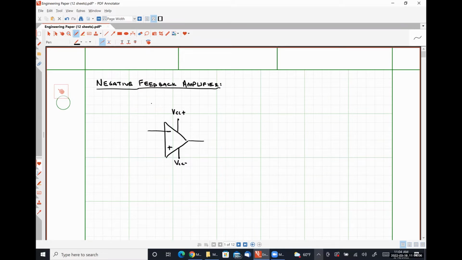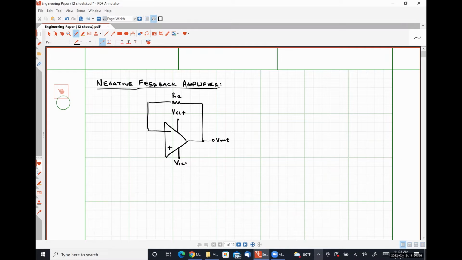We're going to employ negative feedback by connecting our inverting input terminal to our output terminal, like so. I'm going to call this resistor R2. Here is where our output voltage is taken, V out.